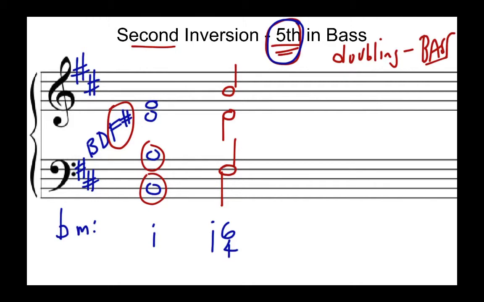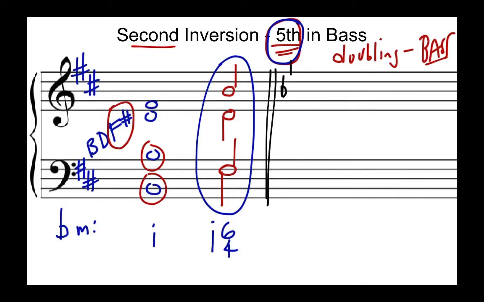So that would be an example of a second inversion voicing of the tonic triad, and we call it a tonic 6-4. Let me do another key. I'm going to set up the key of B flat major. So two flats is B flat major. And let's do the tonic 6-4 here.